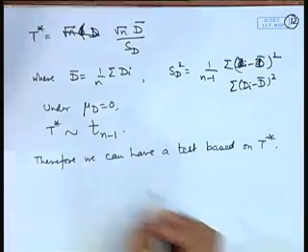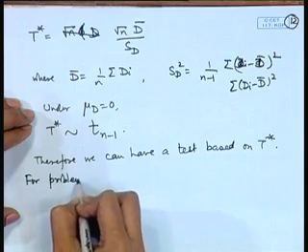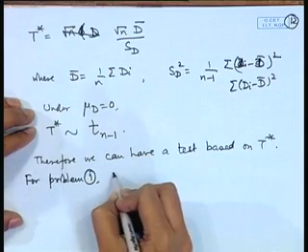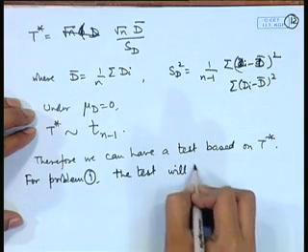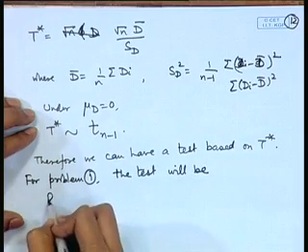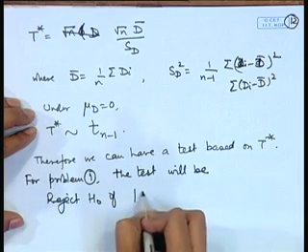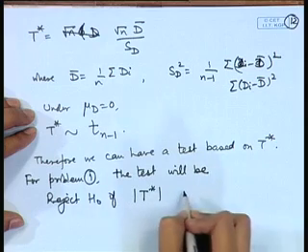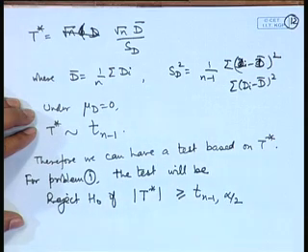So, for hypothesis testing problem 1, the test will be reject H naught if modulus of t star is greater than or equal to t n minus 1, alpha by 2.